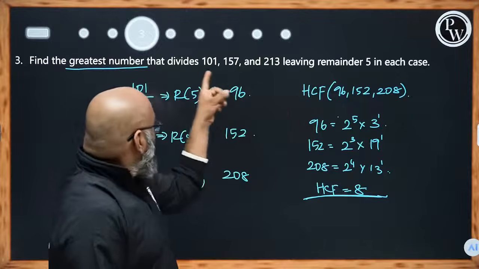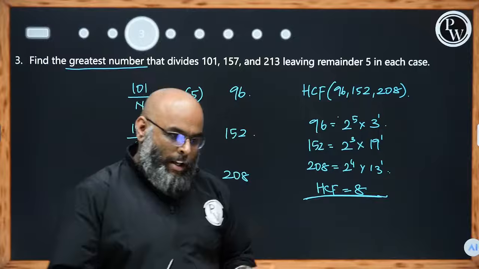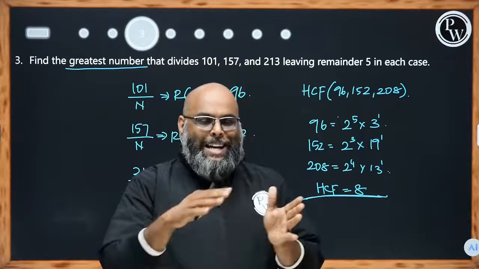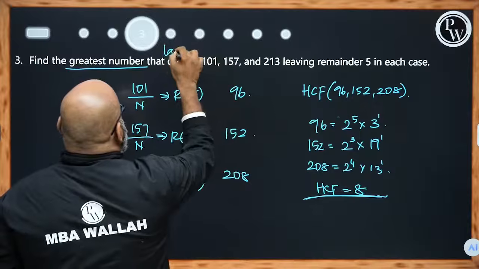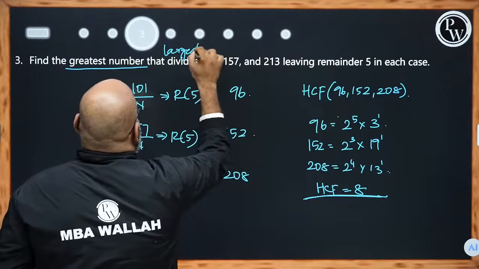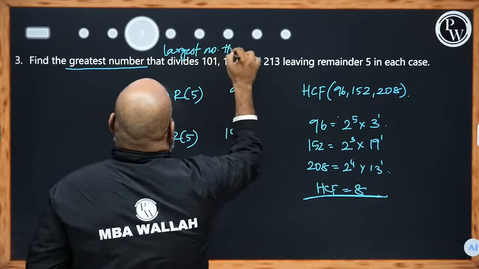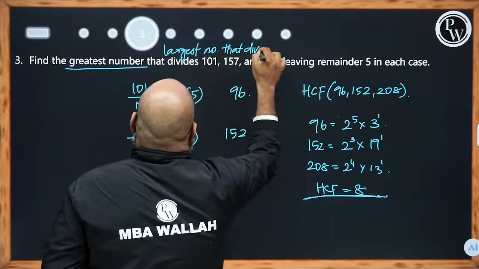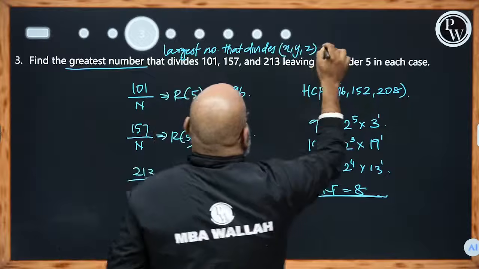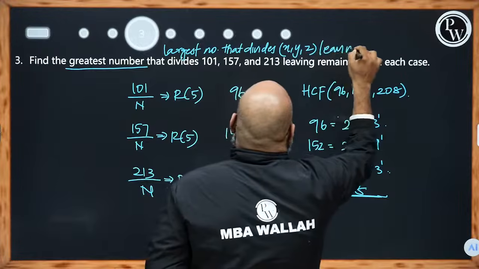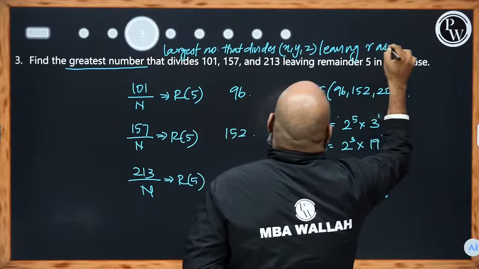But if I look at a question like this, which says largest number that divides x comma y comma z leaving r as remainder.